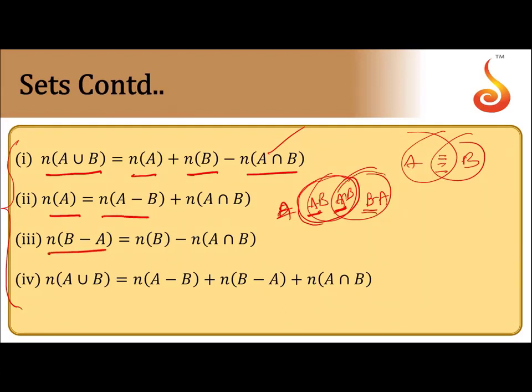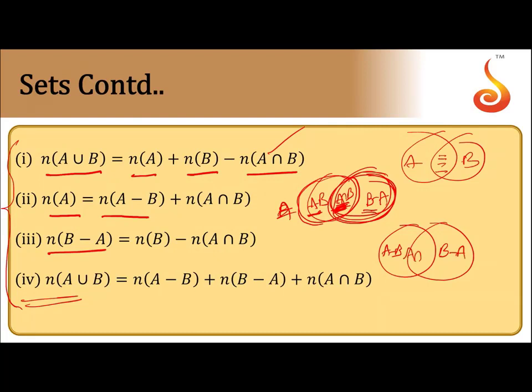And n(B minus A) is n(B) minus n(A intersection B). So from the total, subtract the intersection elements. Overall, the union is the set of elements belonging to A minus B, B minus A, and A intersection B put together.